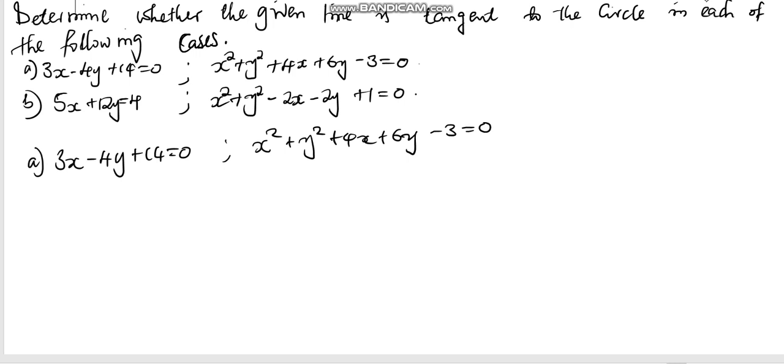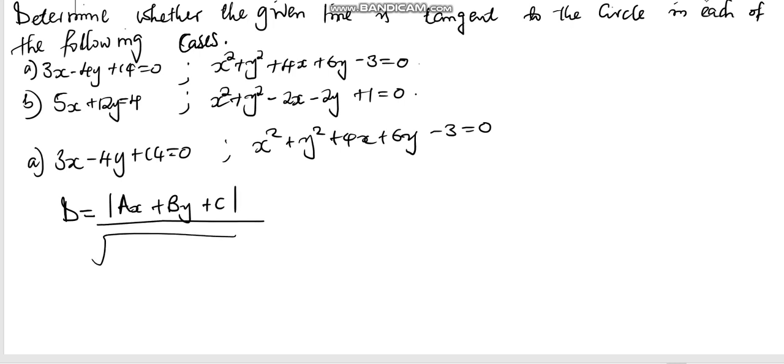So now what we're going to use here is the formula for distance from the center of the circle to the line. The distance is simply given by the modulus of ax plus by plus c divided by the square root of a squared plus b squared.